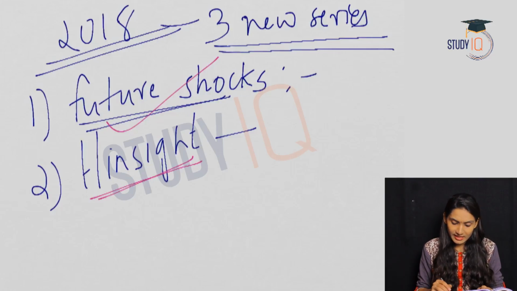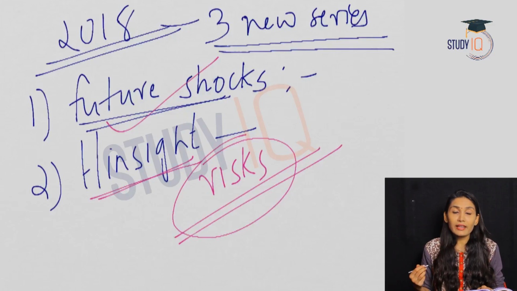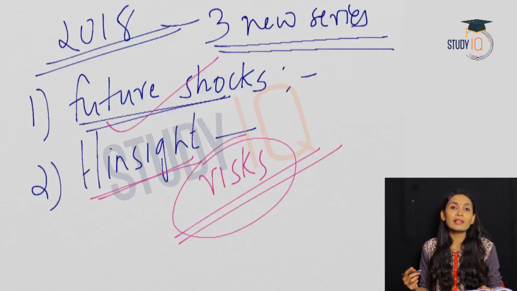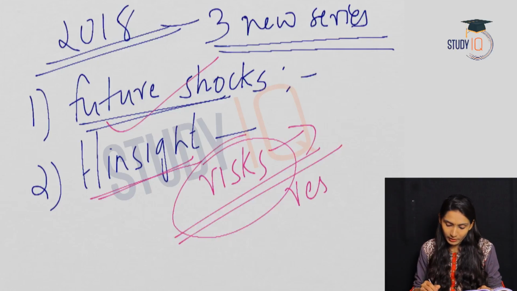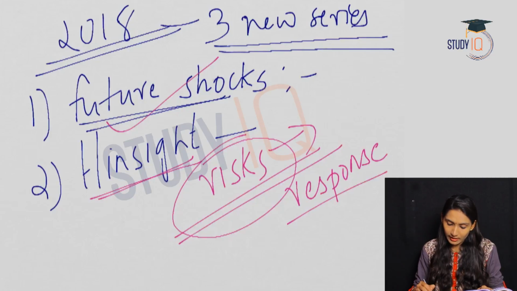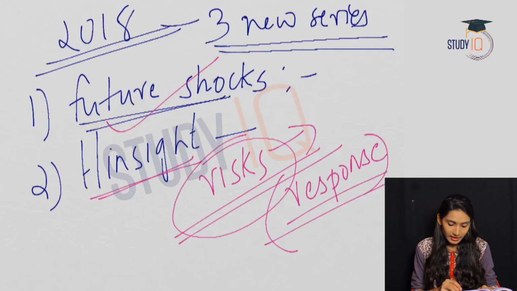In the previous editions there were certain risks and these risks are analyzed, and the report also sees what were the actions taken by the global community in order to overcome those risks. So the response of the global community with regard to the risk is also seen in the hindsight.